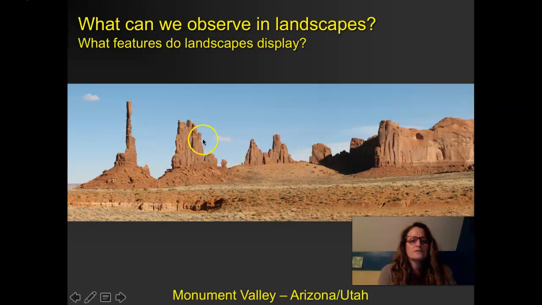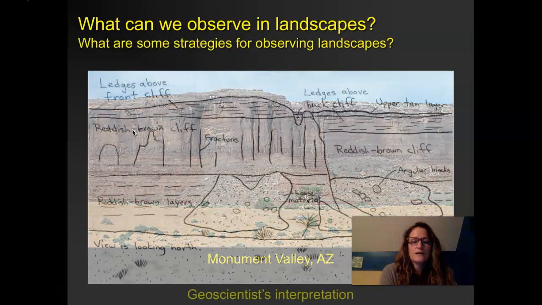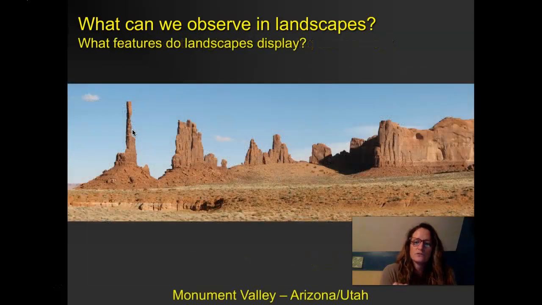But what I want you to see in these landforms is that this massive unit of sandstone is the same unit as this, the same unit as this, and the same unit as this. At one time, all of those layers were connected. So it would look something like this. This is also in Monument Valley, but if we were to erode it more, it would start to look like this.